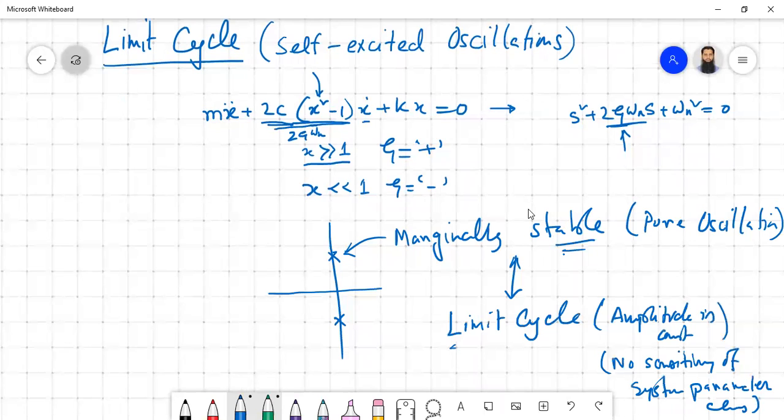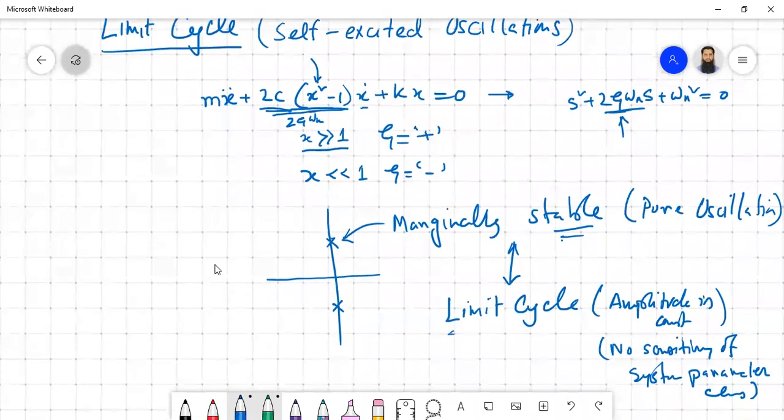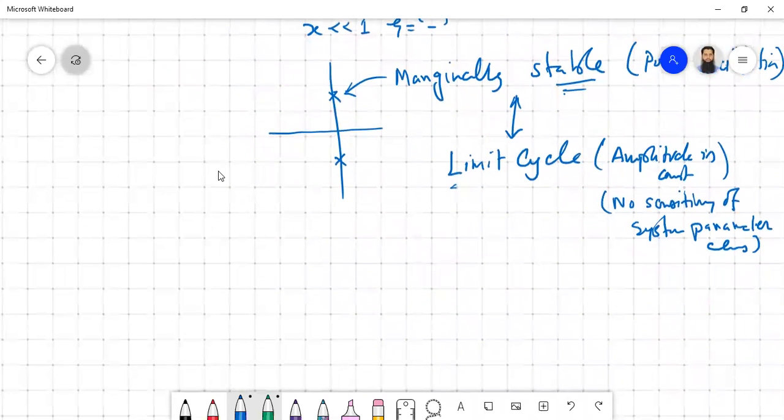So these are the two differences between marginally stable oscillation and pure oscillation with the limit cycle.